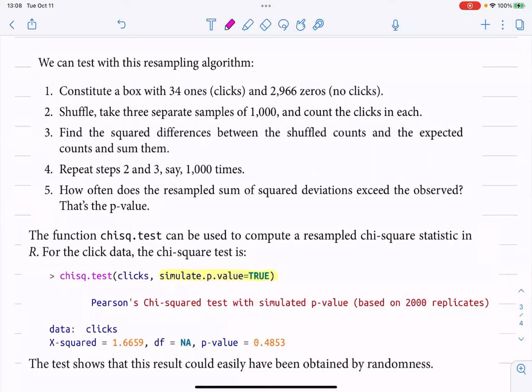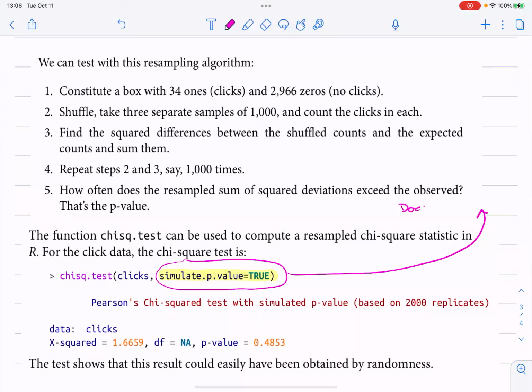So this part does these steps. And of course, you could tell it how many times you want to do it, right? 2,000, 1,000, whatever, right? With an added argument there, right?